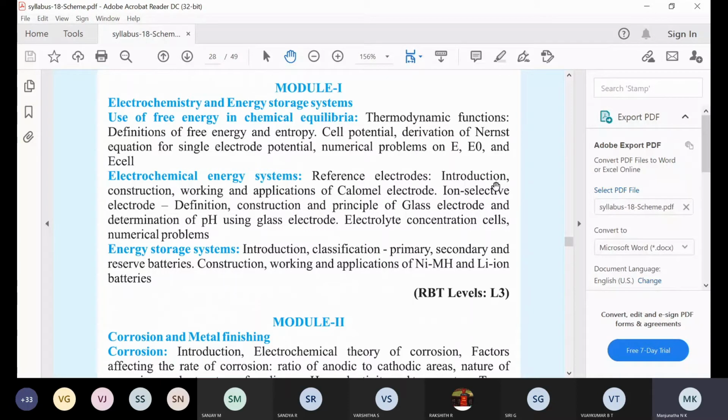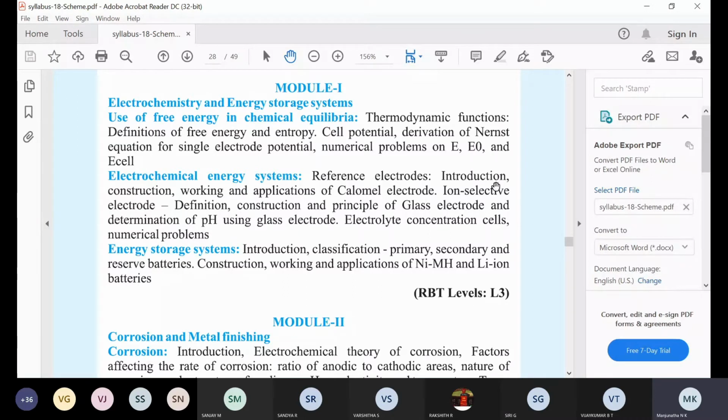Module 2 is corrosion and metal finishing. Module 3 is fuels, solar energy and fuel cells. Module 4 is environmental pollution and water technology. Module 5 is instrumental methods of analysis and nanotechnology.